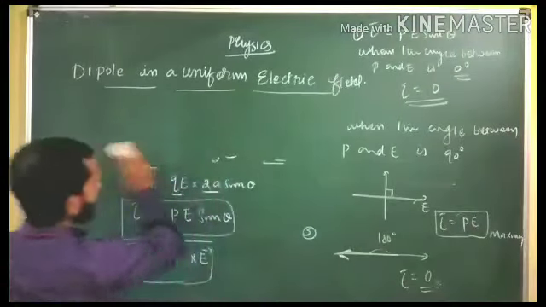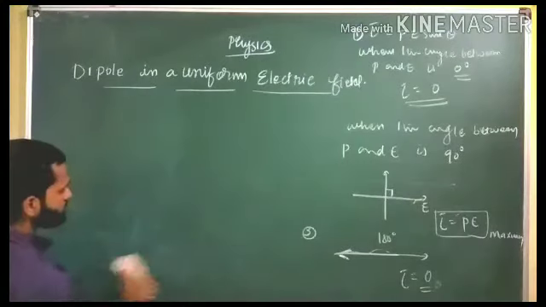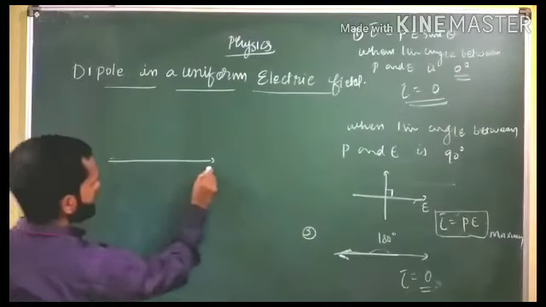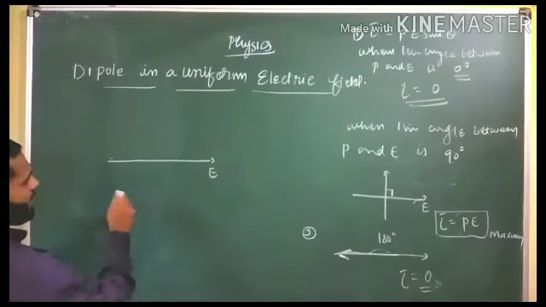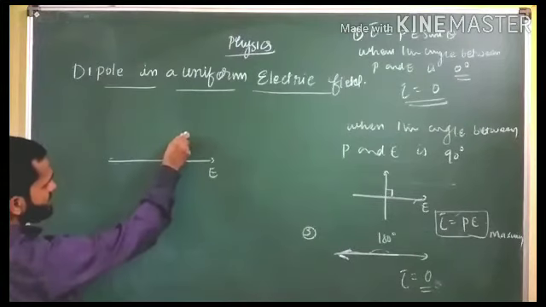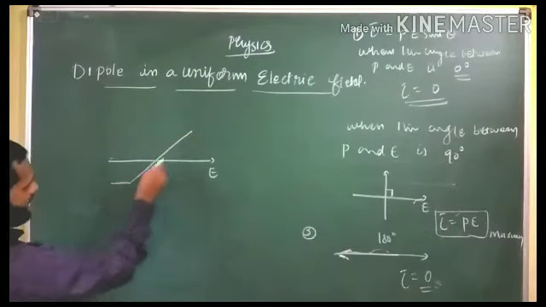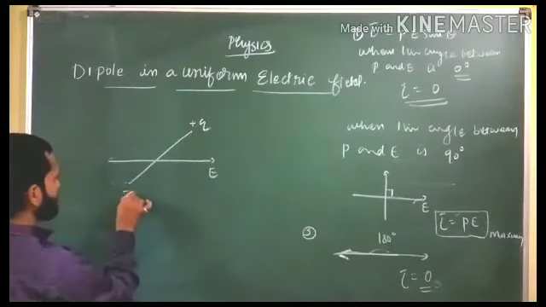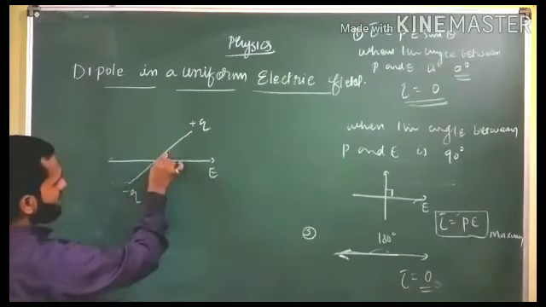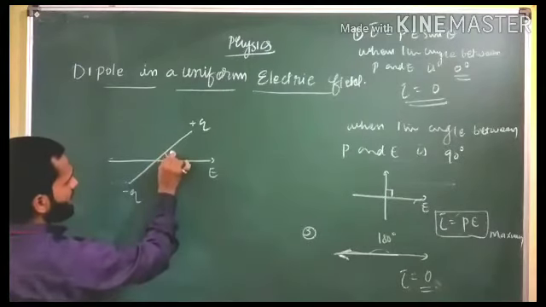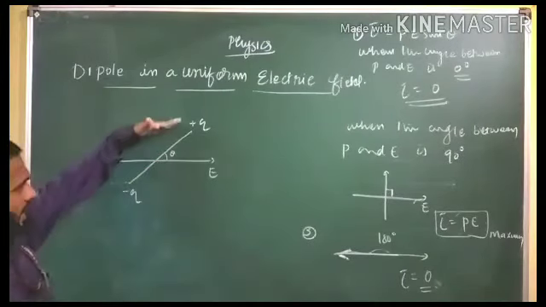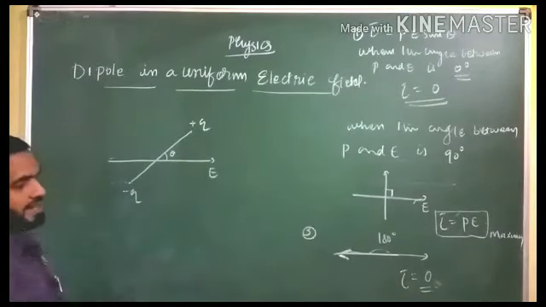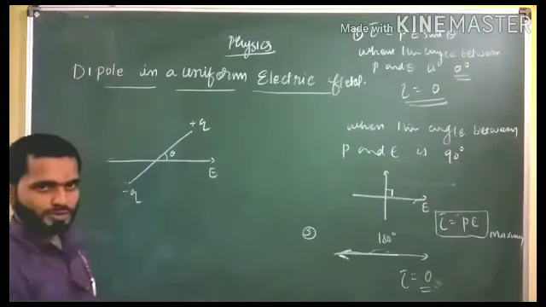See, in the case of this one, if this is the electric field line, and here this is the dipole, plus Q and minus Q, and this is the theta. It was arranged at 0, and that is a stable equilibrium position.